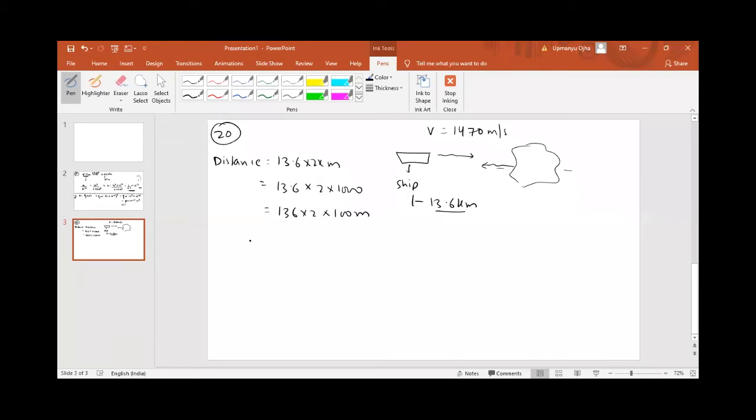Now we know that speed equals distance by time. So the time lag t will be equal to the distance traveled by the wave, that is 136 into 2 into 1000, divided by the speed of the ultrasonic waves. You just need to solve this problem and you'll get the answer. So what answer are you getting here?